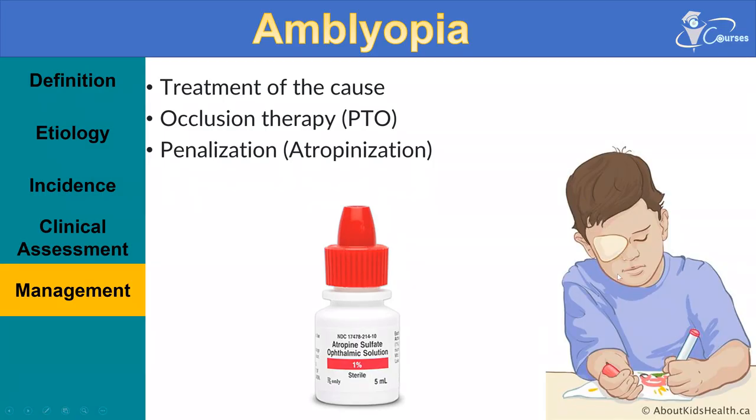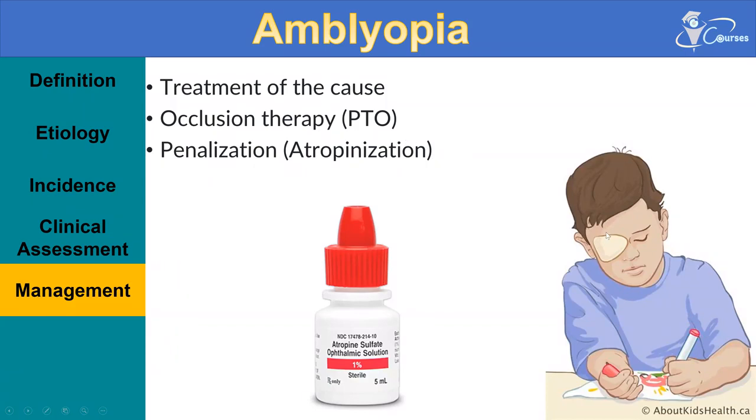So it is not to cover the eye and tell the patient to go to sleep. No, we need to force this patient to use his lazy eye. Full-time occlusion, or occlusion for the whole day, can lead to what's called reverse amblyopia, where the normal eye may undergo amblyopia. So the standard now is part-time occlusion.